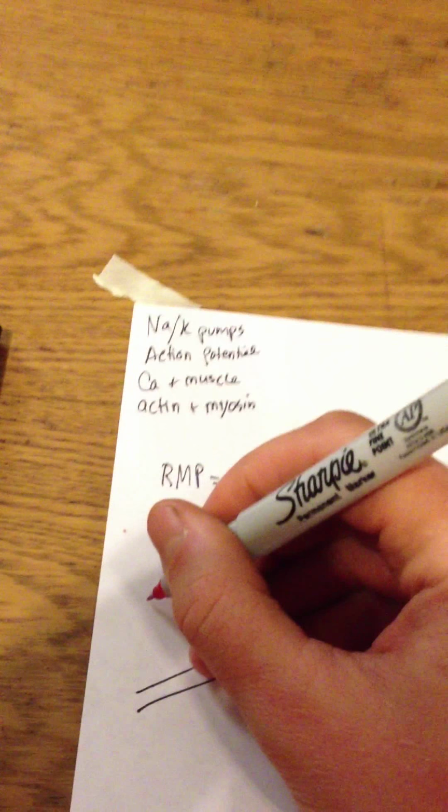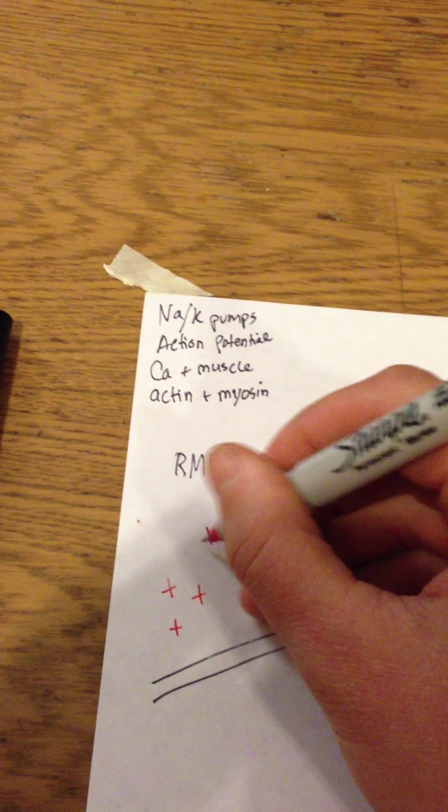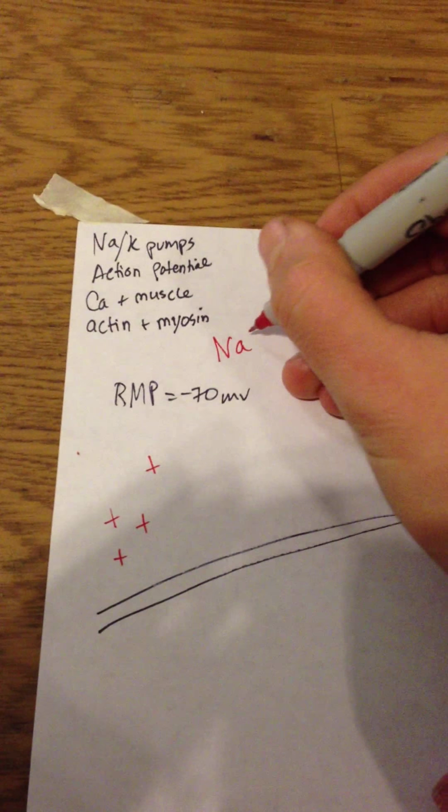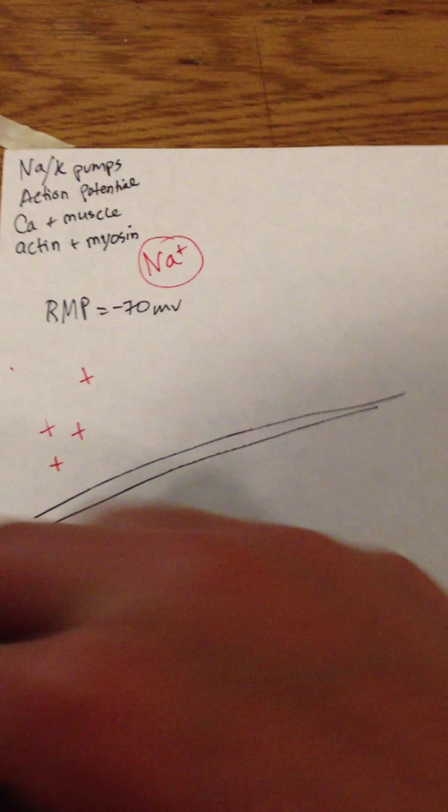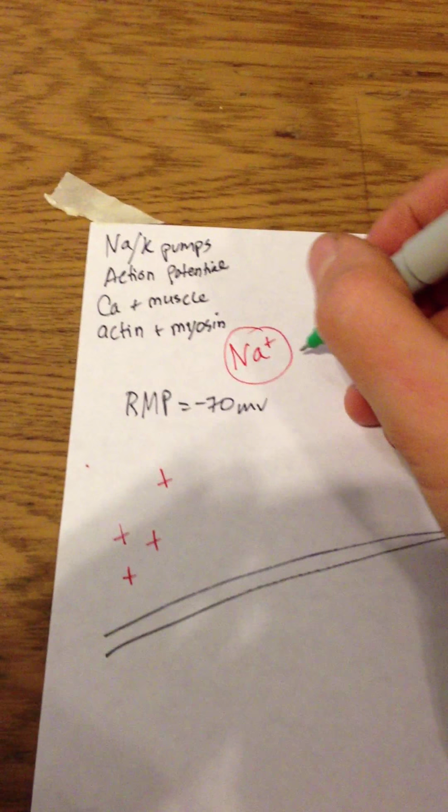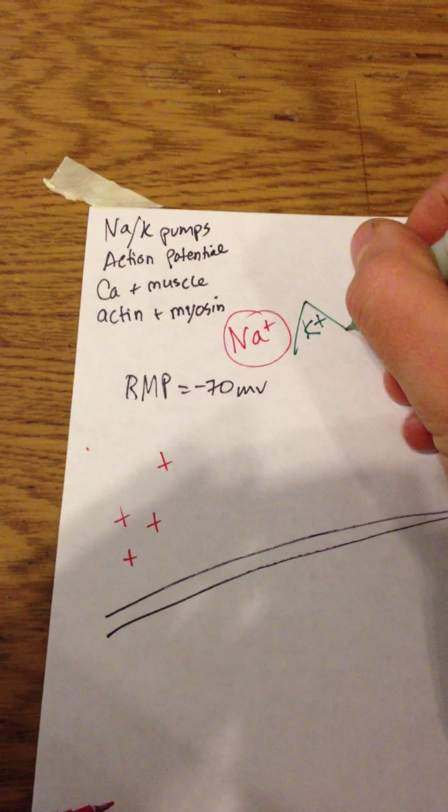You have lots of sodium. We're going to make sodium red, circles. We're going to make potassium green, triangles.